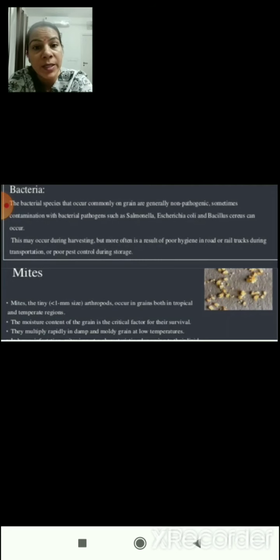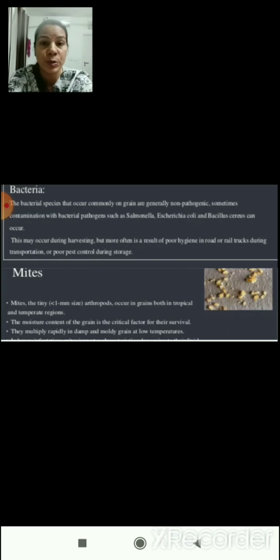Contamination with bacterial pathogens such as Salmonella, E. coli, and Bacillus can occur. This may occur during harvesting, but more often it is the result of poor hygiene in the road and the vehicle through which it is transferred, and in rail compartments through which it is transported, or poor pest control during the storage process.